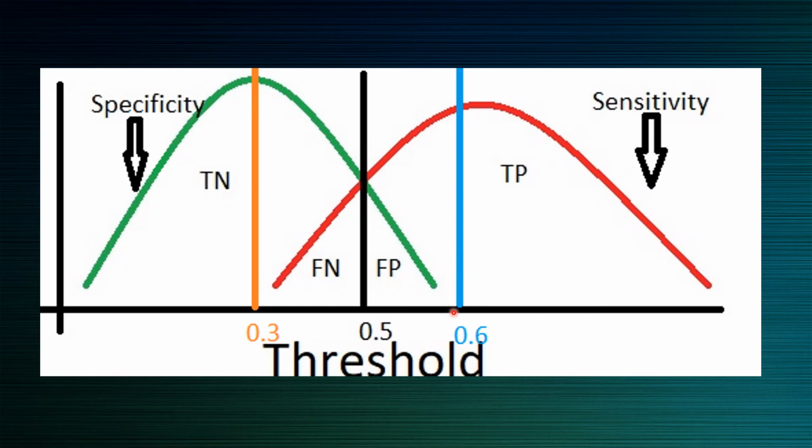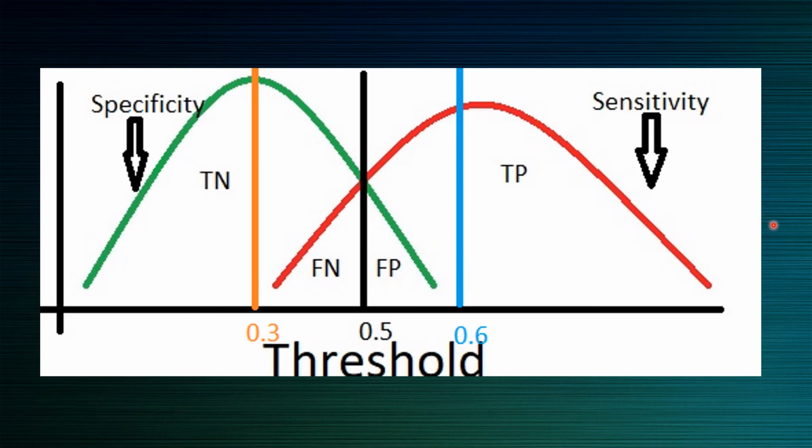Now if the threshold is at 0.6, your specificity rises, your false negative rises, your true negative also rises. So to summarize, when your sensitivity increases, your specificity decreases. When your specificity increases, your sensitivity decreases. And the relationship between true positive and false positive, when true positive increases, false positive also increases. So you have an upward sloping curve.